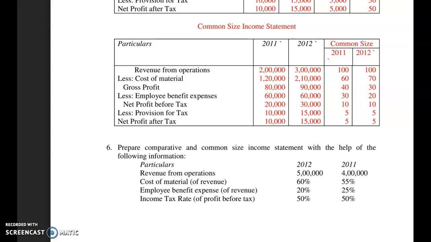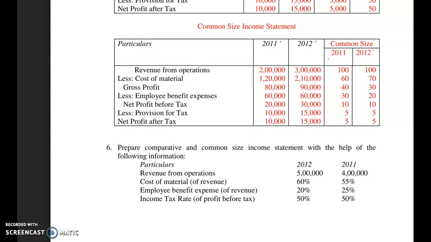It is very easy to prepare both types of statement, and CBSE may ask any of them. The limit of the marks will be 3 or 4 marks, and it is very easy to understand the whole concept in a simple form as I shared with you.